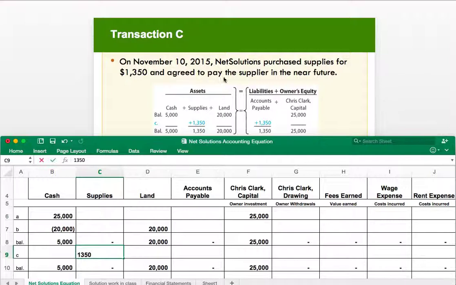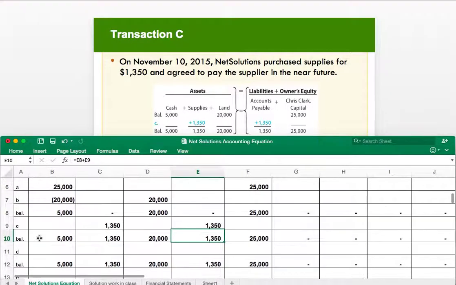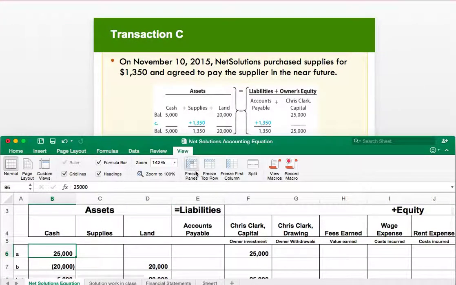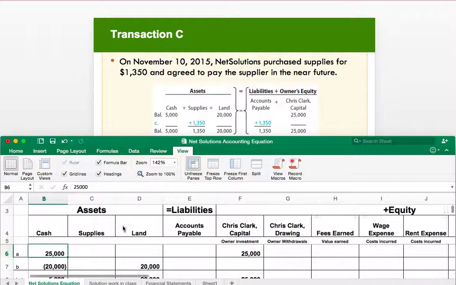It says that we agreed to pay the supplier in the future. Therefore, we're going to set up an accounts payable because we're going to pay them later. And then on the next row, we're going to balance that out. I'm going to see if I can freeze my pane so I can see it better.